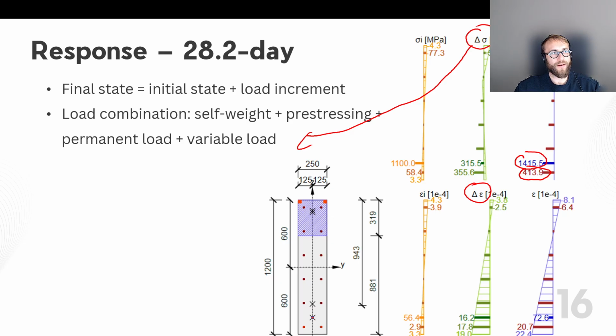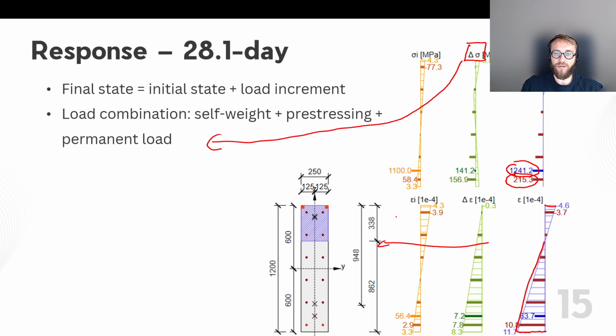Once you're adding more and more loads, you're able to observe more and more ascending stresses in the section, and also you're able to see how the neutral axis is changing.